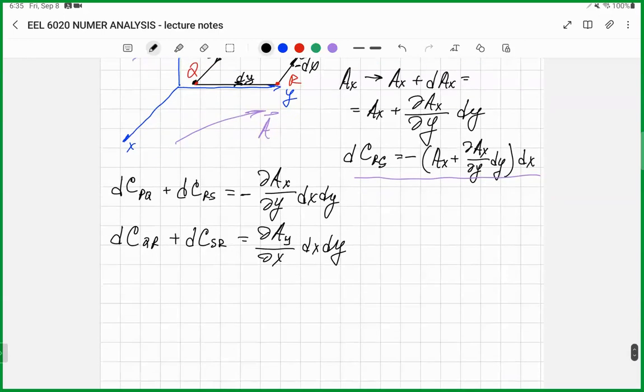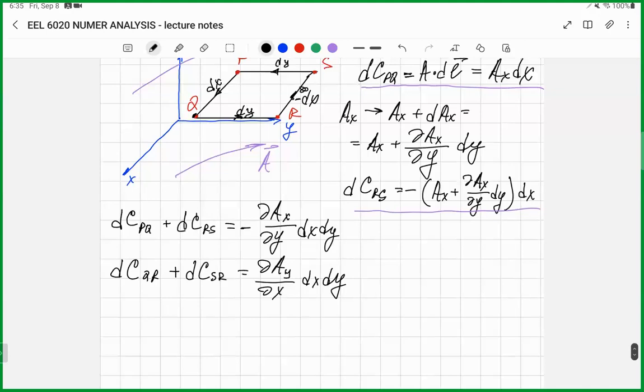Okay, and the total circulation around this path, so that's the total for the z-oriented element of the path, is equal to dAy over dx minus dAx over dy, times dx dy.